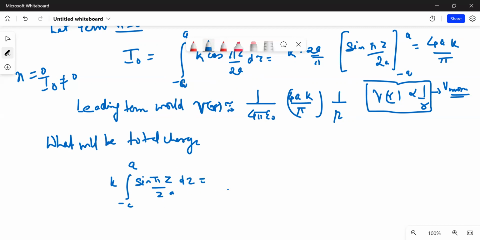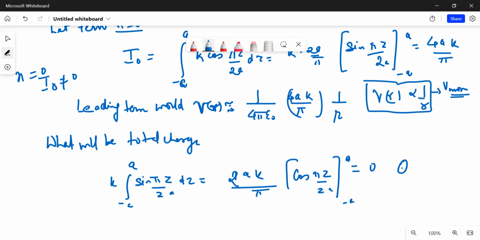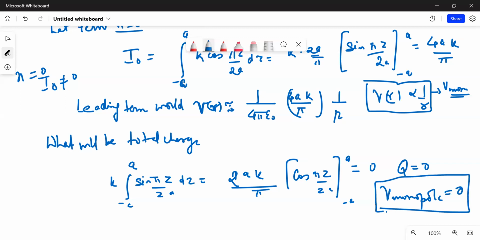So if I just calculate the total charge, integrating from minus a to plus a of k sine pi z upon 2a dz, I will get 2ak upon pi times cos pi z upon 2a from minus a to plus a, and cos pi by 2 is 0, cos minus pi by 2 is also 0. So your total charge is 0, so your V monopole would be 0. So now no longer would the n equal to 0 term be there. So now one needs to see beyond it.